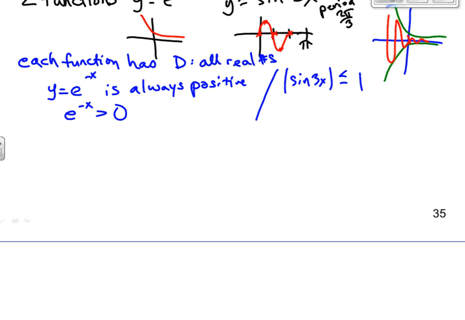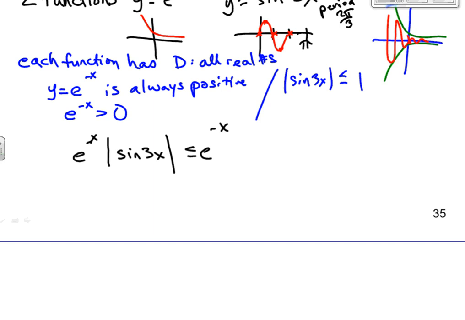E to the negative x times the absolute value of sine 3x is less than or equal to e to the negative x. Does that make sense? Since this bounds between positive and negative 1, then when I'm multiplying times e to the negative x, that's what it'll be. To remove the absolute value, we say that this will hold, and then also this is greater than or equal to negative e to the negative x.